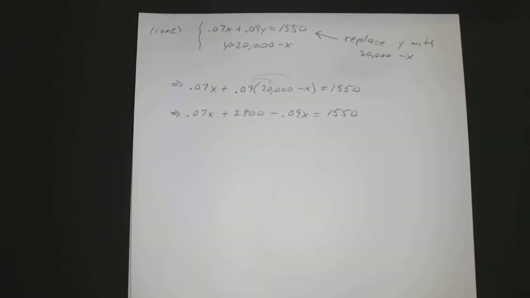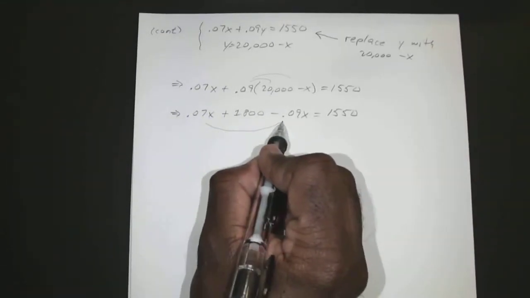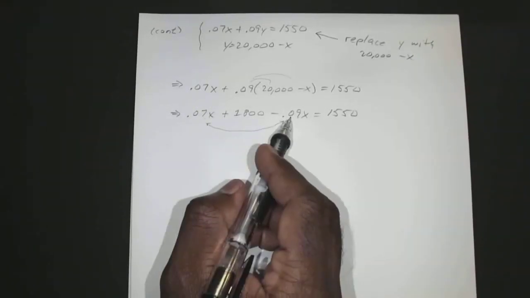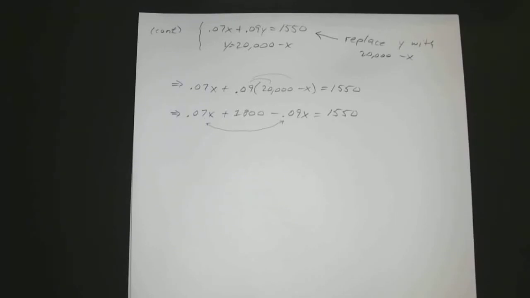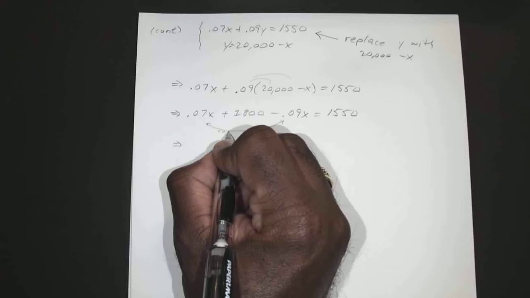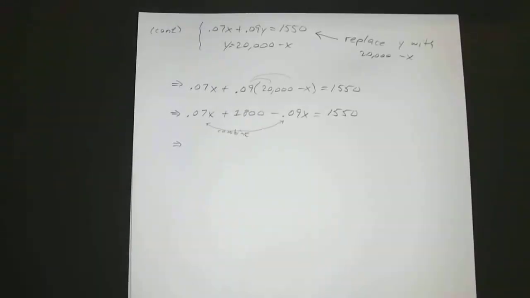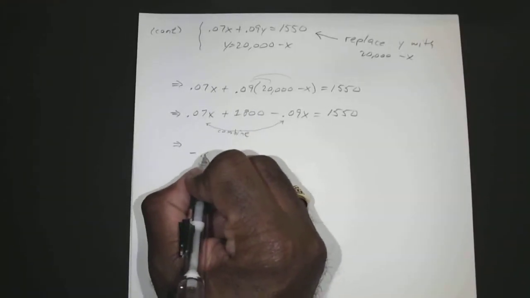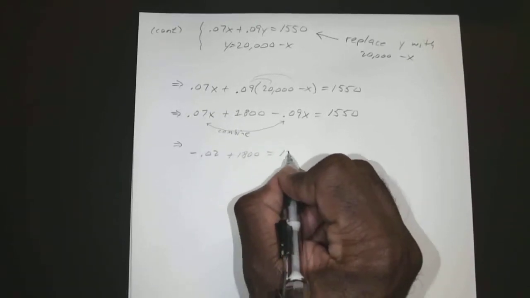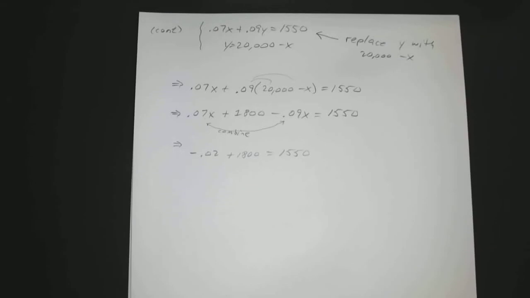Okay. So now we just combine our like terms. 0.07 minus 0.09 is negative 0.02x, plus 1,800 is 1,550.